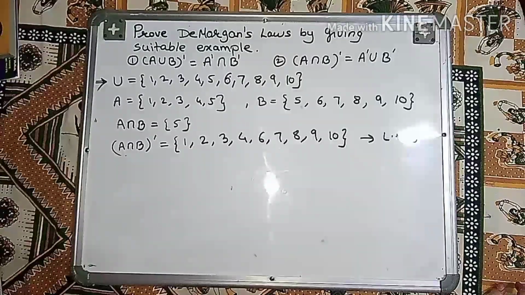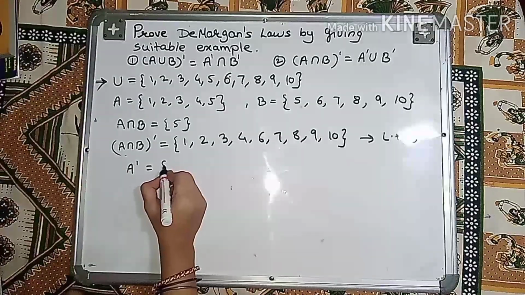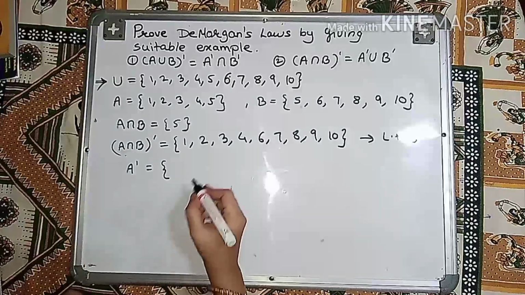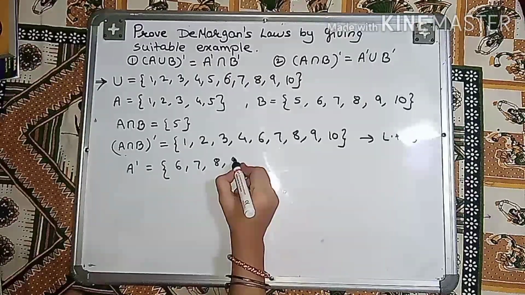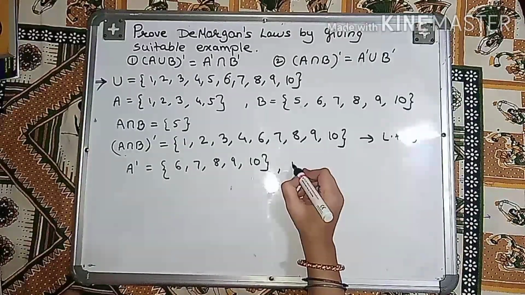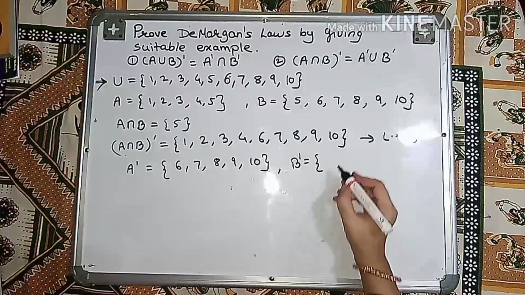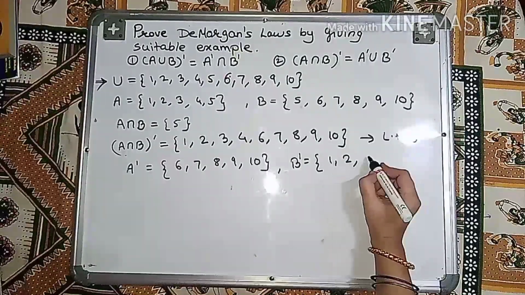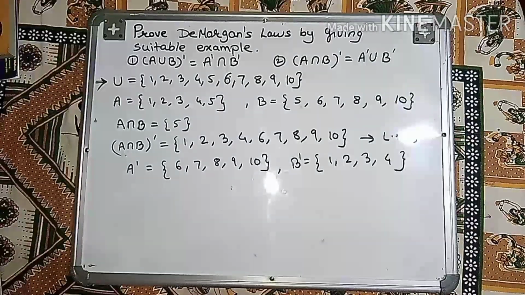Now what we have to prove is the union of A dash and B dash. First we will take A dash. What is A dash? 6, 7, 8, 9, 10. And what is B dash? 1, 2, 3 and 4.